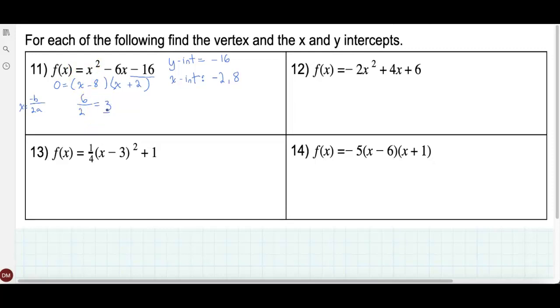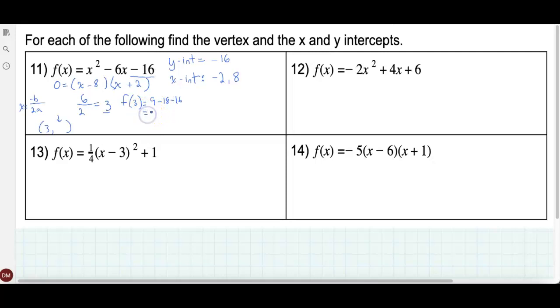So the vertex is, well, we've got the first part, which is 3, and then we need to find out what the y value is. So f of 3 equals 3 squared, which is 9, minus 18, because 6 times 3 is 18, minus 16, right?